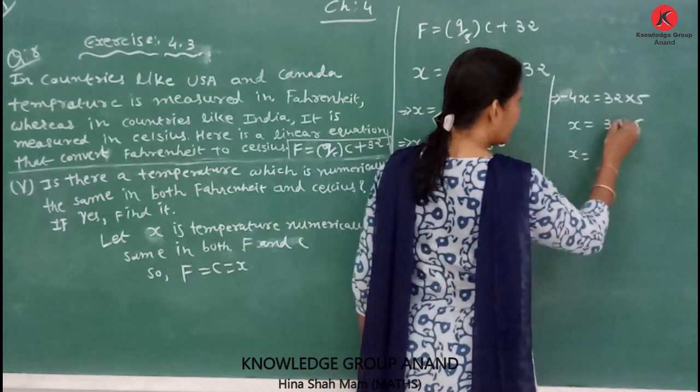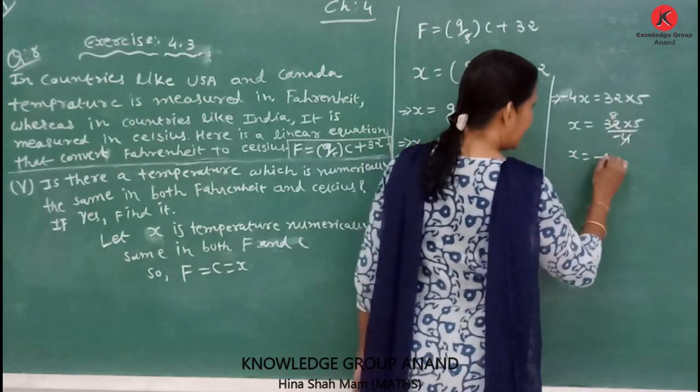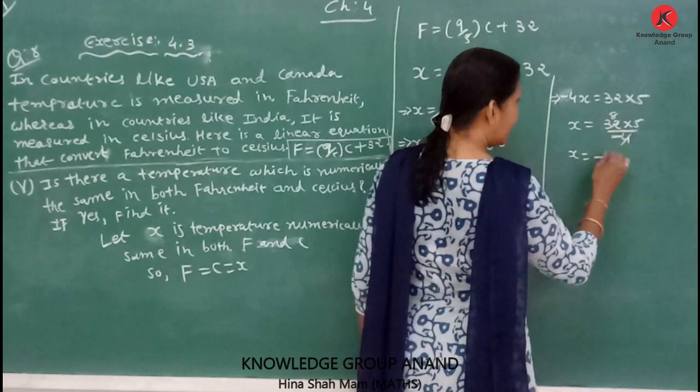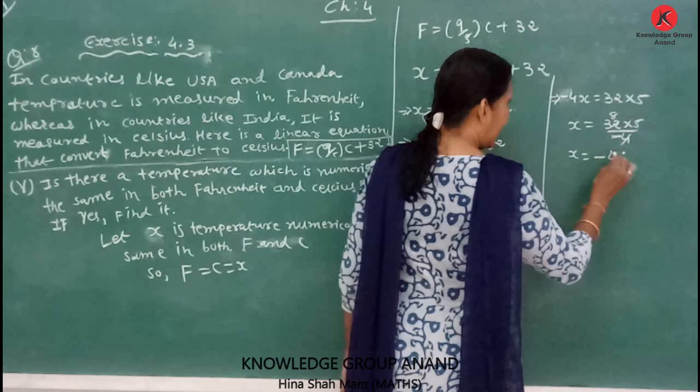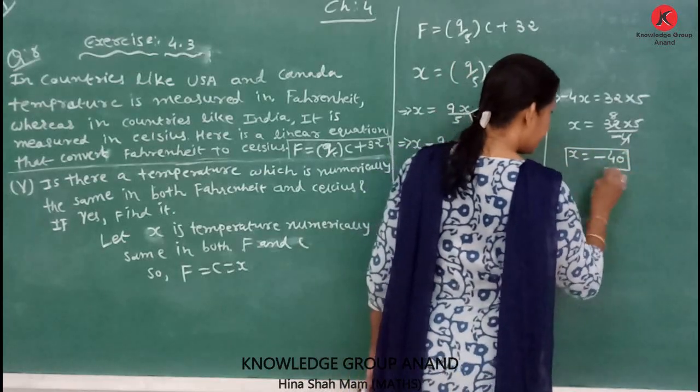X is equal to 8 times 5, with the minus sign, which is minus 40. At which temperature?